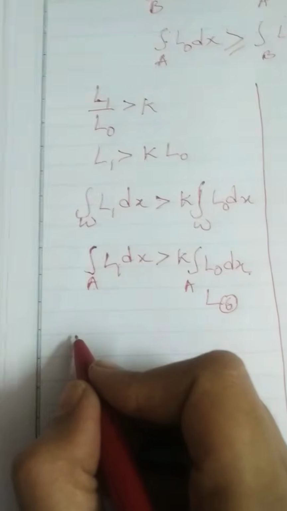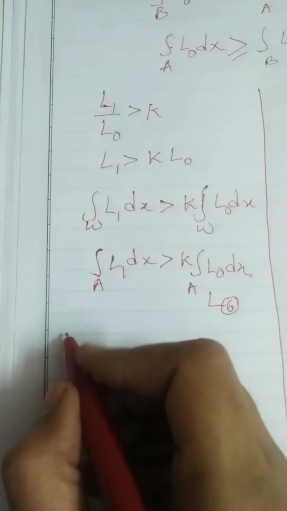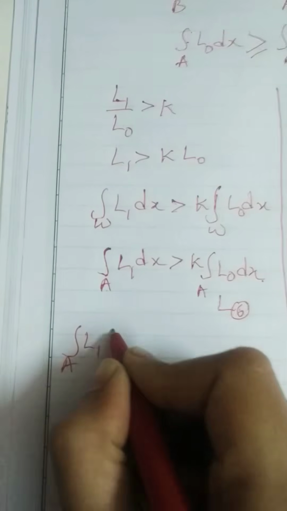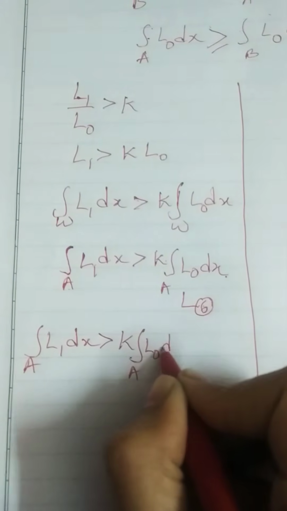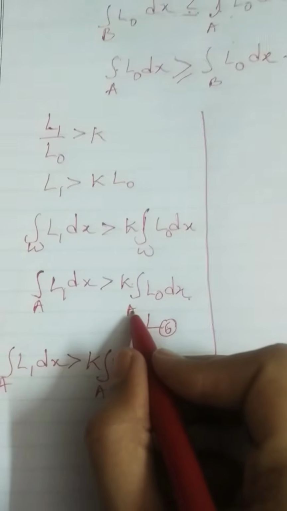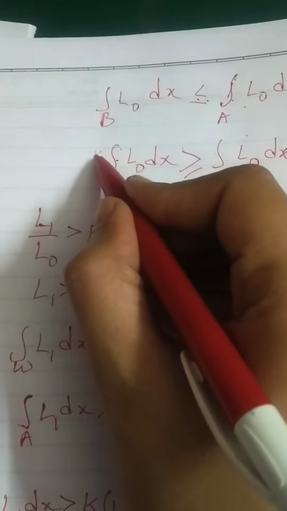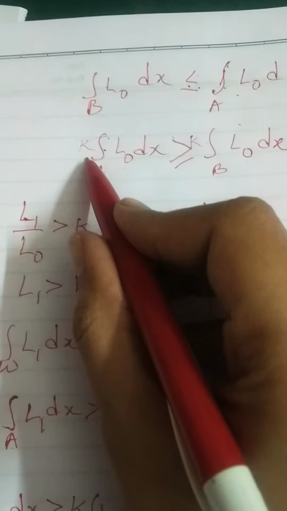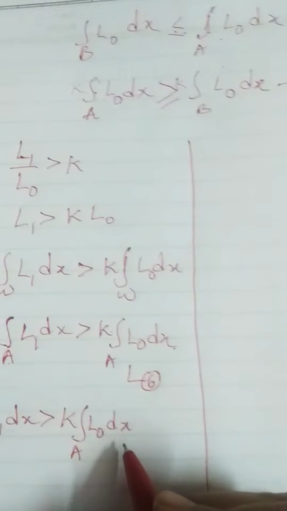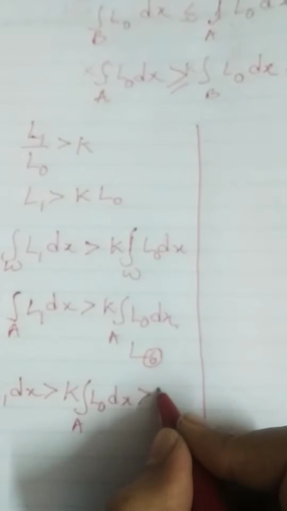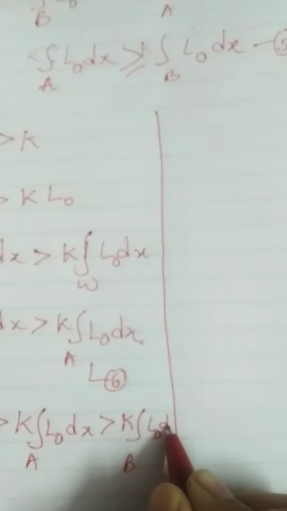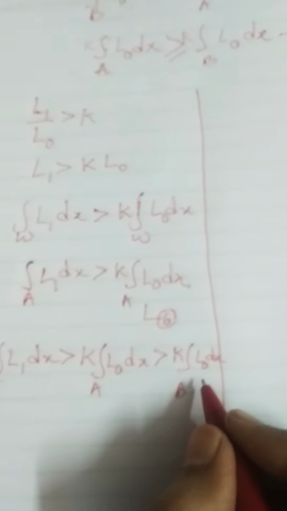First write this equation, and we are going to write it as integral of A L1 dx greater than k integral of A L naught dx, then this k L naught dx of integral A. Suppose I am putting k on both sides, here and here, it is becoming like this, no? k L naught dx of integral A. So you can put this one as greater than or equal to symbol, and k integral B L naught dx, right? I am sure you can understand.